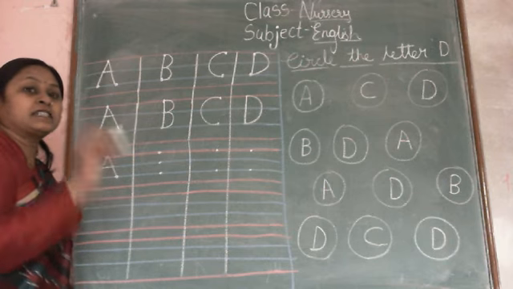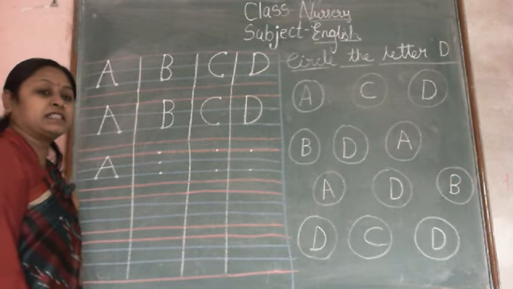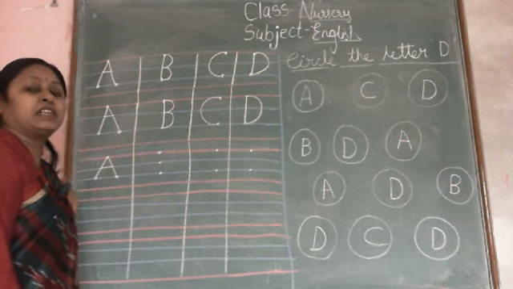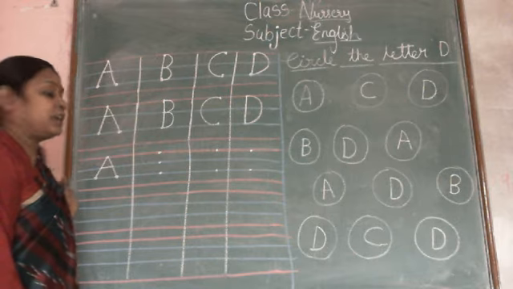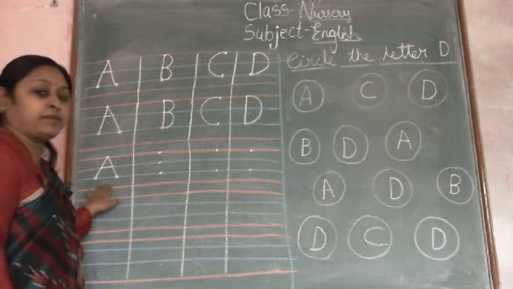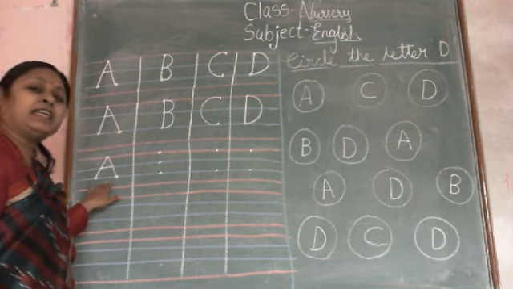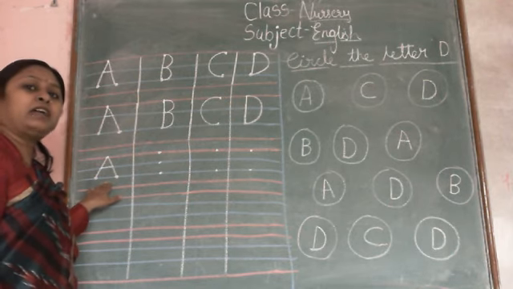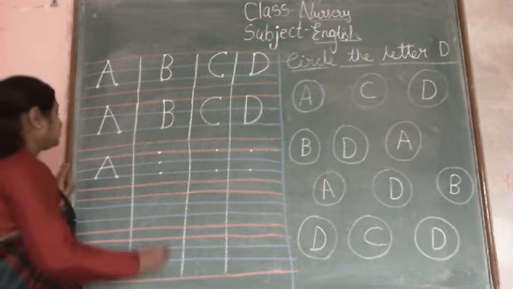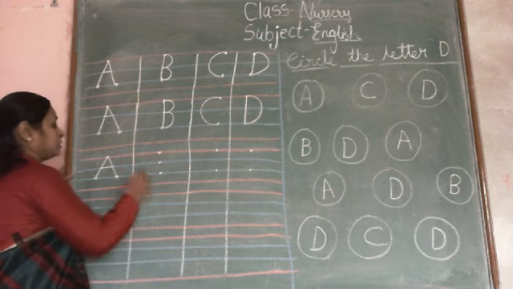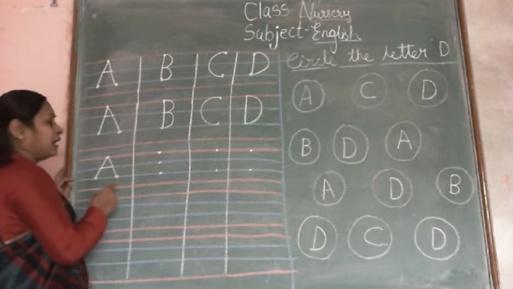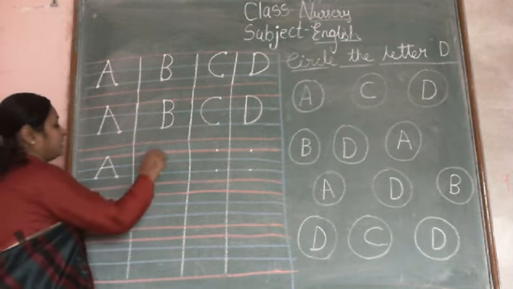Which letter is this? A. A for apple, A for arrow, A for alligator, A for aeroplane, A for ant.